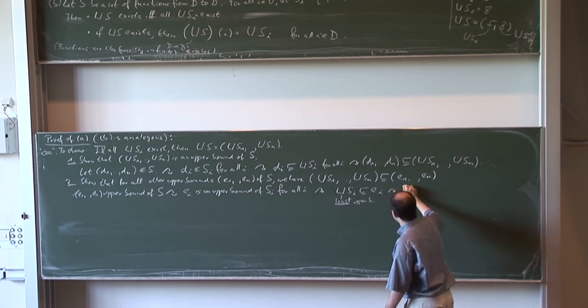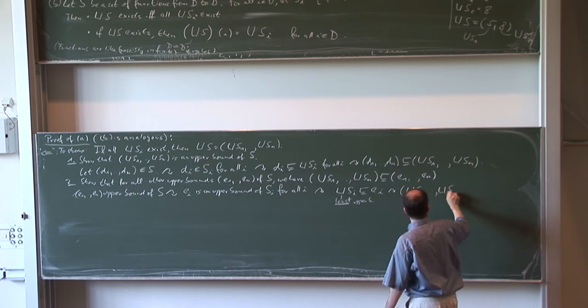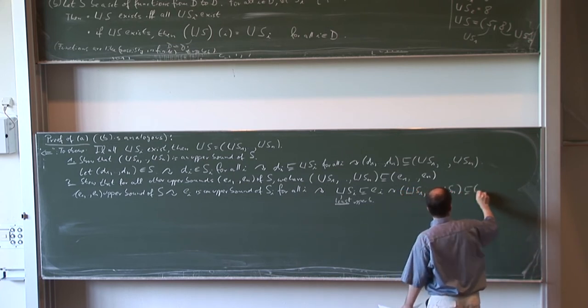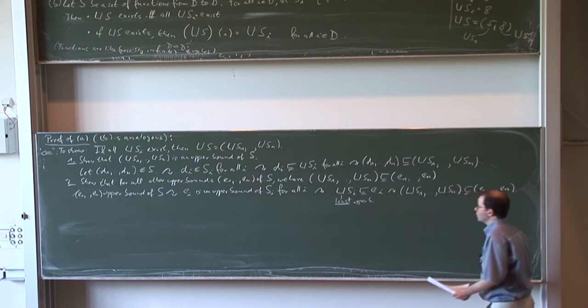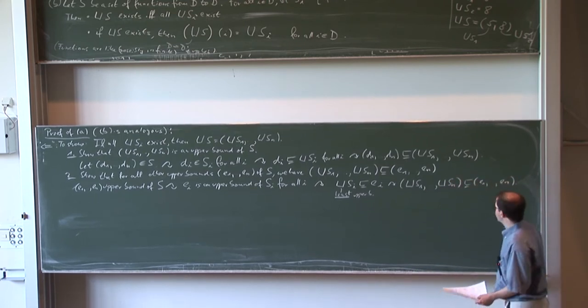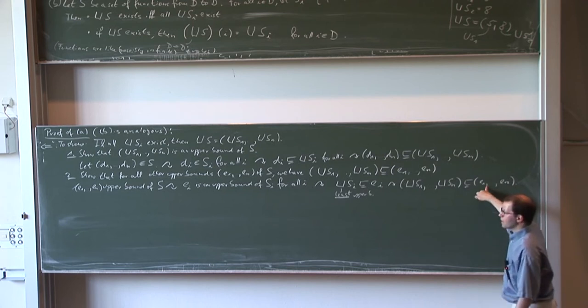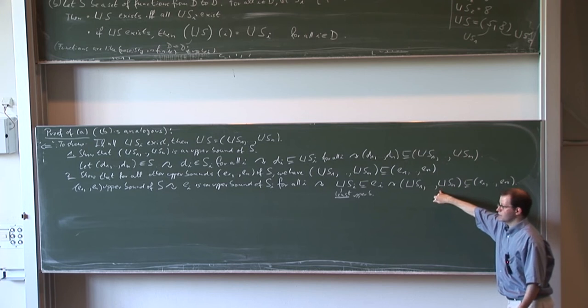And then this means, if we compare this component-wise, then this tuple of least upper bounds must be smaller than E1 to En, which is what we wanted to prove. We have now shown that, indeed, every other upper bound is bigger or equal to this upper bound. So this is the least upper bound of S.